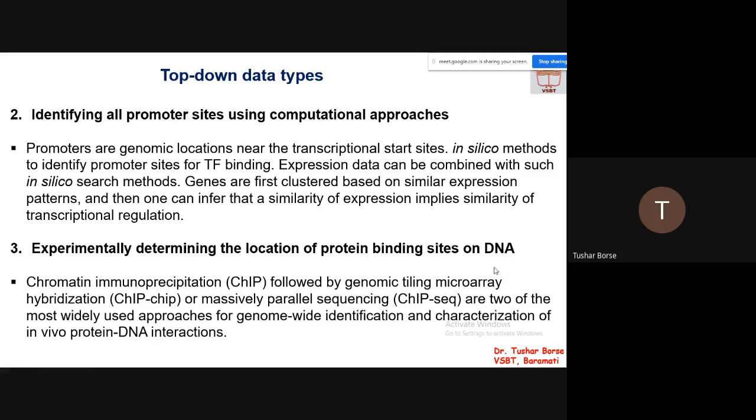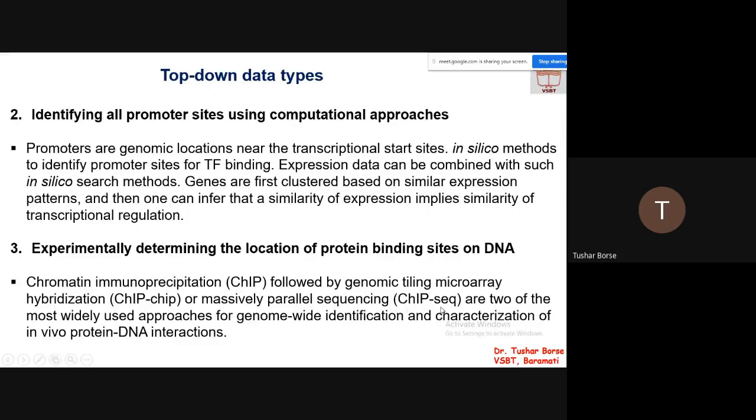Okay, so there are different methods which can be used. You might have heard about chromatin immunoprecipitation, that is called ChIP. So you can go for the different microarrays, that is what is called ChIP-chip, or nowadays we have massively parallel sequencing, that is ChIP sequencing.